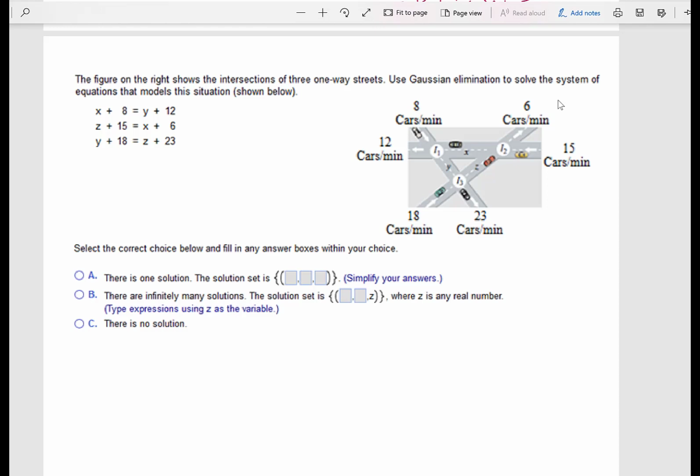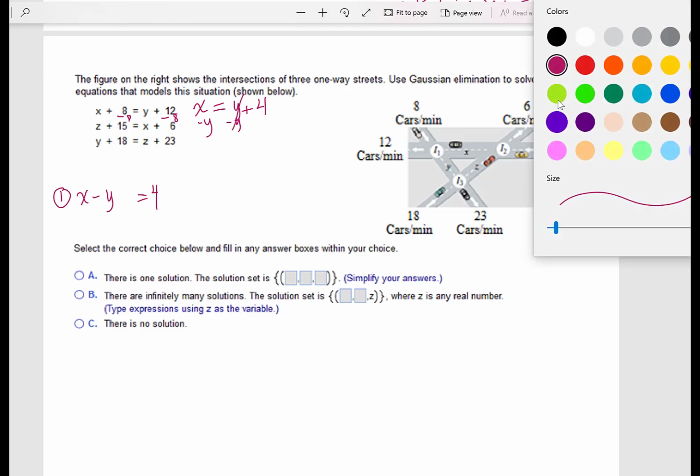So let's take this first one. I'm going to subtract 8 from both sides. So I have x equals y plus 4, and then I'm going to subtract y from both sides, and I'm going to bring it down here. x minus y equals 4. Okay?